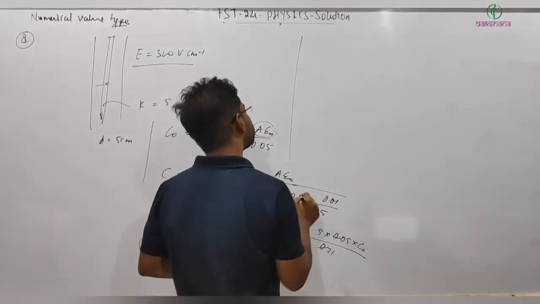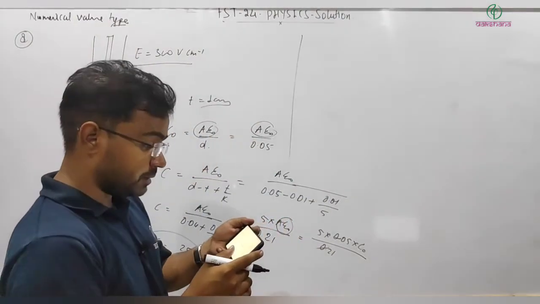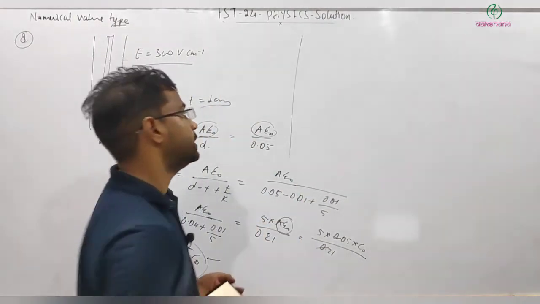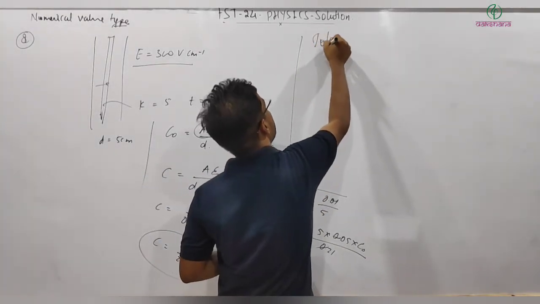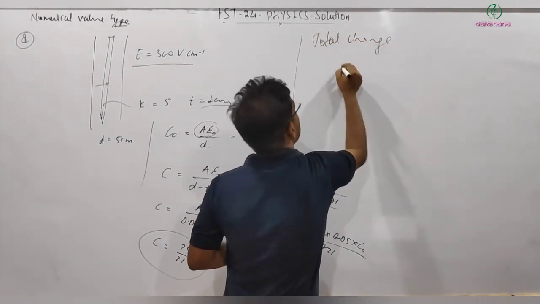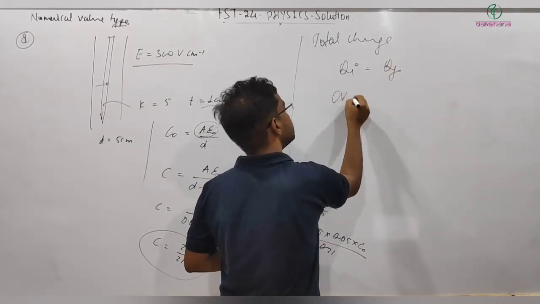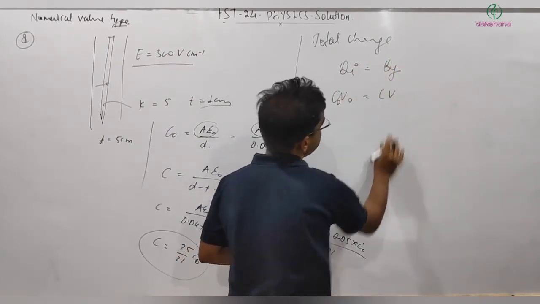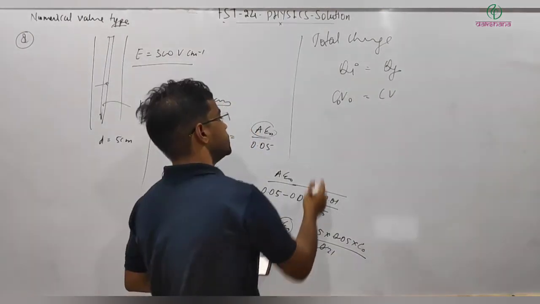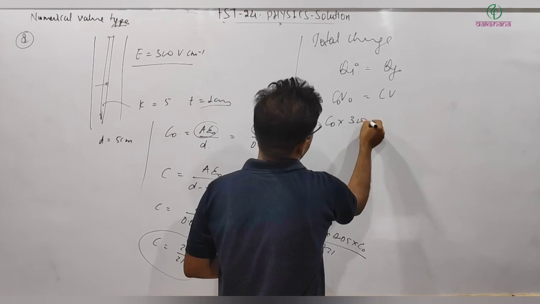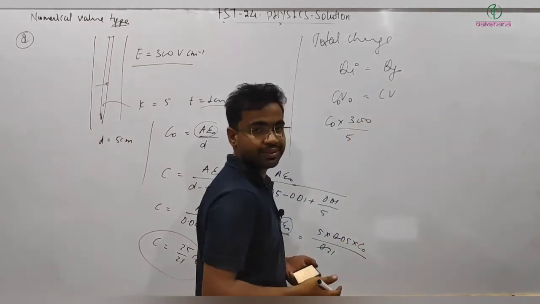And it's talking about determining the potential difference. So first thing is, because it's an isolated capacitor, the total charge Q initial will be equal to Q final, and this can be written as C into V. C naught V naught is equal to C into V. Q is equal to CV. C naught potential is like 300 divided by 5, right?